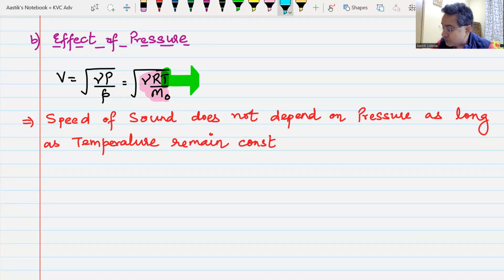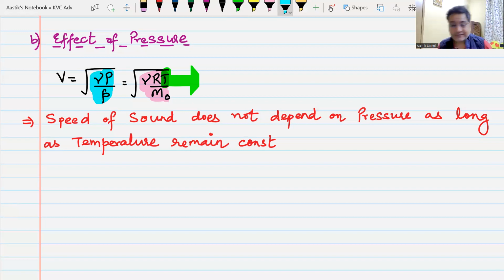But if you look at this blue equation, gamma is there, which is a constant, but only that is constant. There are two variables here which can change. The pressure can change and density can change. In fact, speed of sound will only change when P by rho changes.